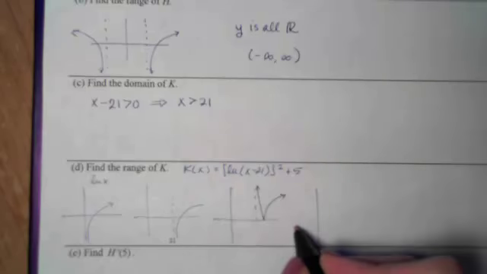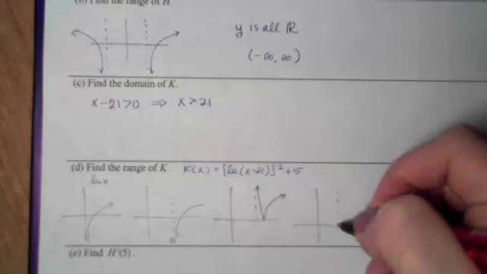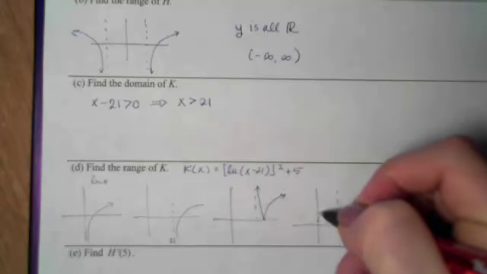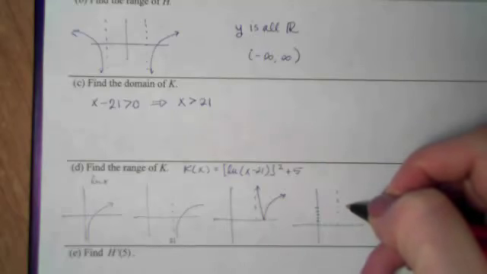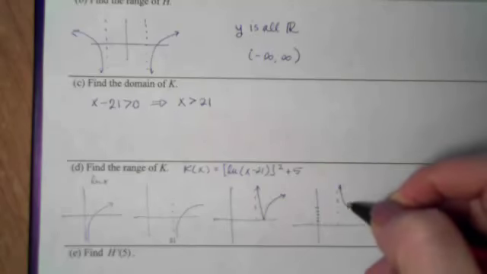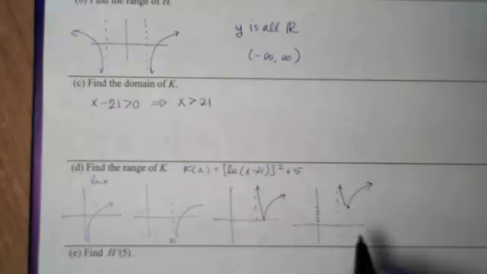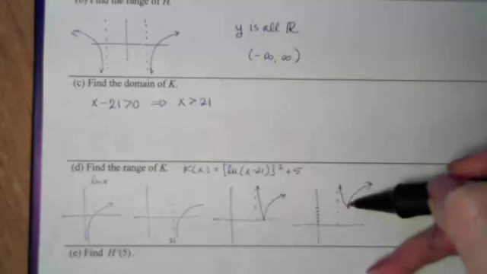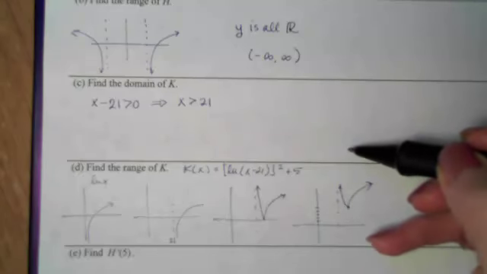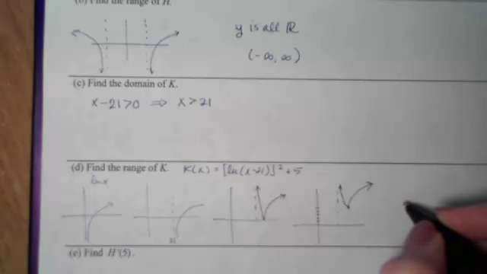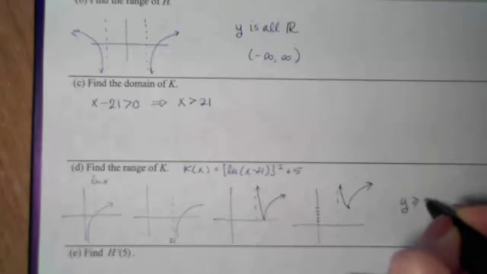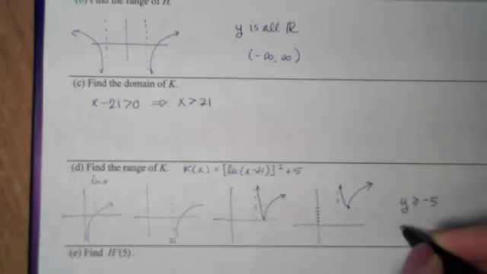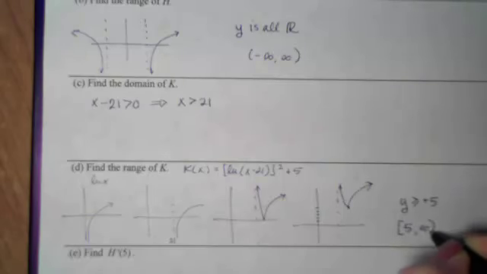So that's going to take my entire picture and bump it up 5 units. So we're still having an asymptote and we're bouncing up like this. So we can see that the lowest the y goes is 5, and then we keep climbing for as much as we want. So that means my range in this case is y's are greater than or equal to 5. You could also write that as 5, infinity.